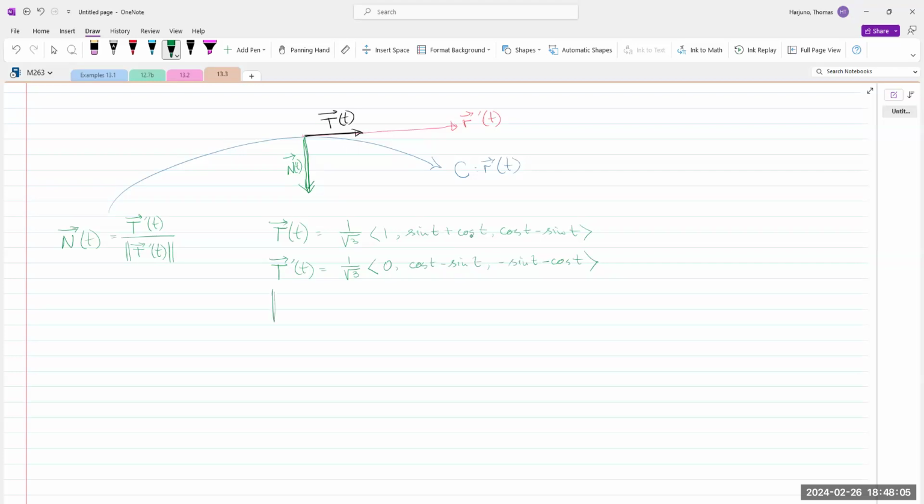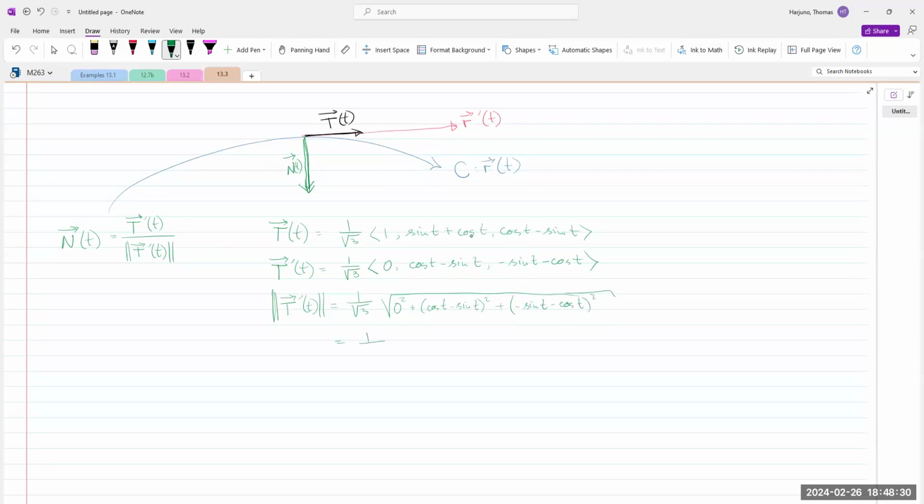And the length of that T prime t is 1 over radical 3 times the square root of 0 squared plus (cosine t minus sine t) squared plus (negative sine t minus cosine t) squared.